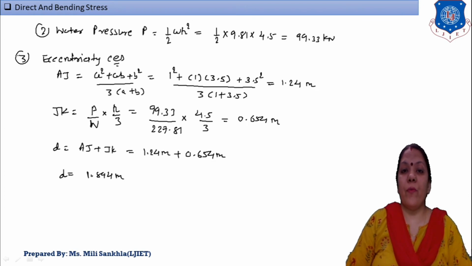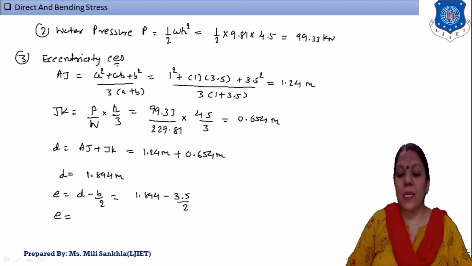Okay, now we find out E. What is E? E is equal to D minus B by 2, eccentricity E. Now D we found 1.894 and B is equal to 3.5 by 2. Now our eccentricity E is equal to 0.144 meter.